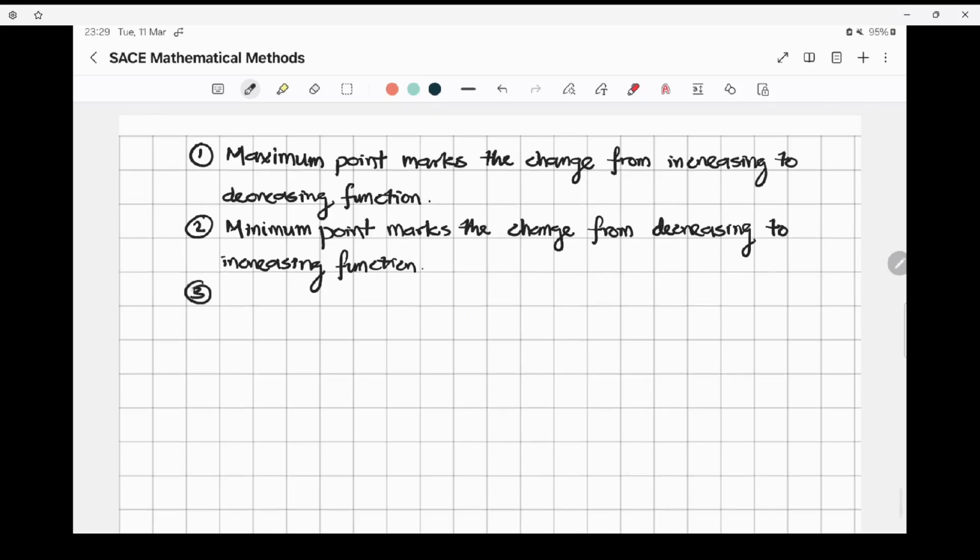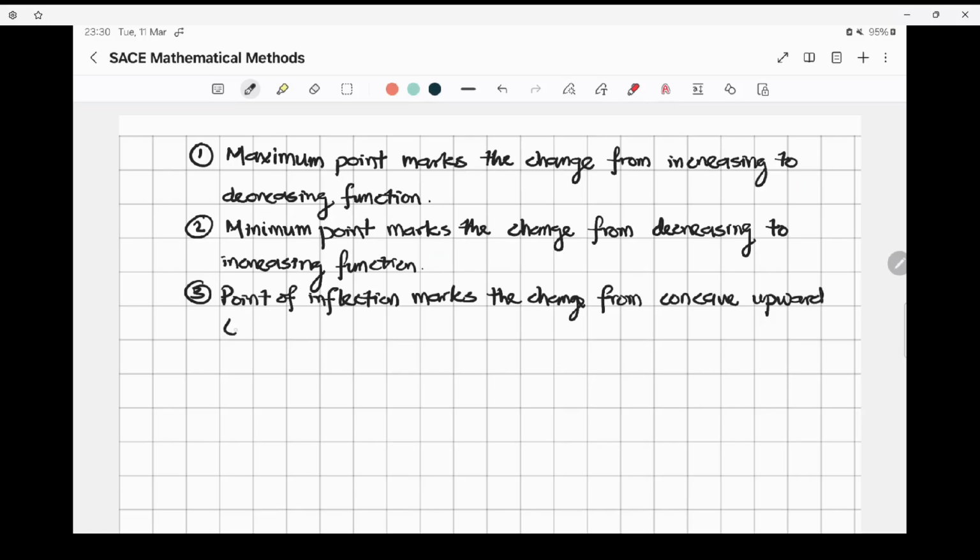On the other hand, a point of inflection, whether or not it is stationary, marks the change from concave upward to concave downward functions, and vice versa.